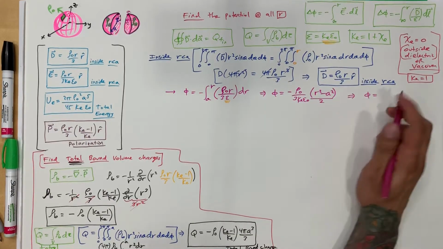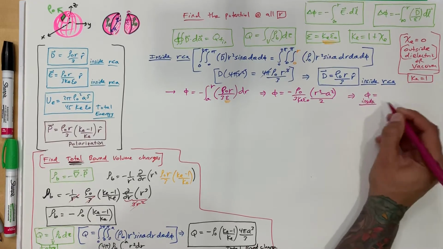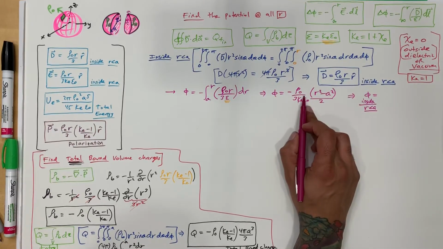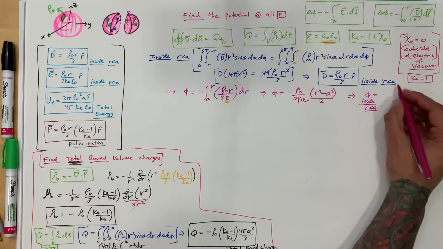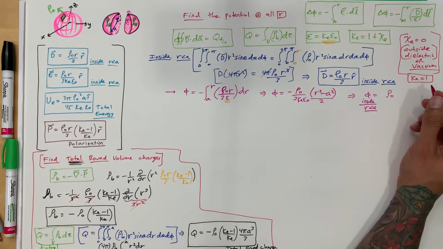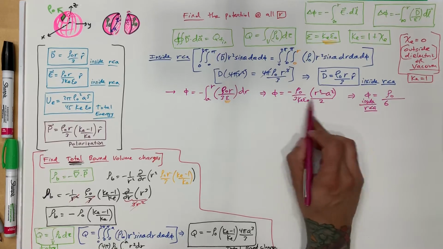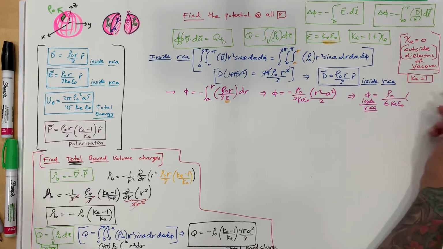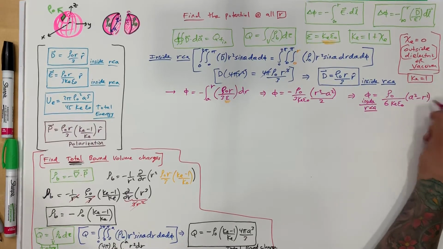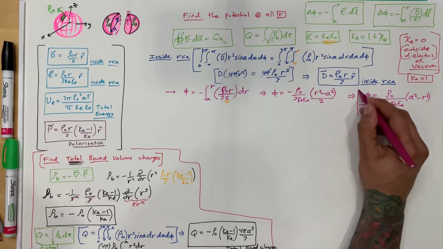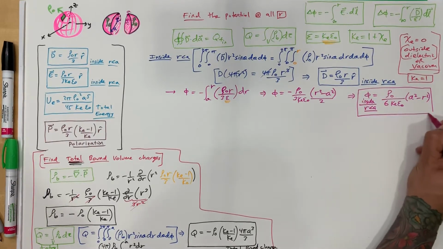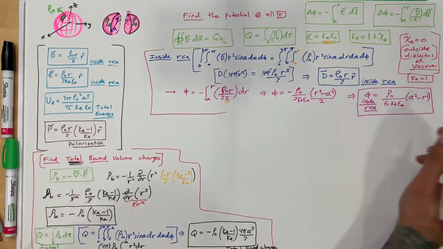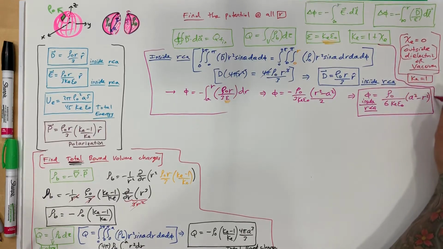So the potential inside, where R is less than a, is going to be all of this. I'm just going to rearrange it, put the negative inside. So I'm going to have rho naught over 6, these two combine, KE epsilon naught, and then we have a squared minus r squared. This is the potential inside.